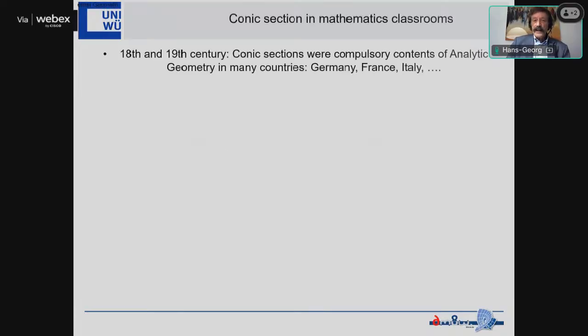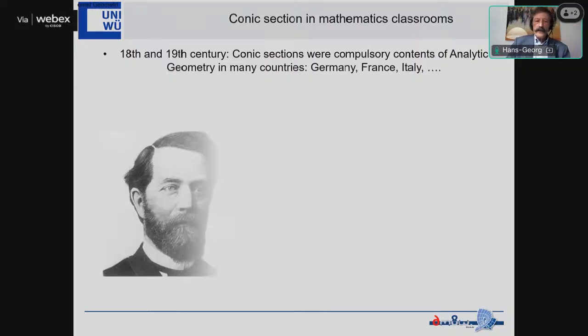So, a lot of conic sections, wherever you look around in the environment, you find the conic sections. What is about conic sections in mathematics classrooms nowadays? Yeah, if we look back to the 18th and 19th century, conic sections were compulsory content in geometry in many countries, in Germany, France, Italy, and some others.